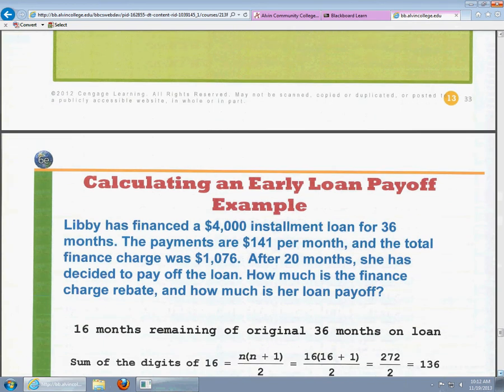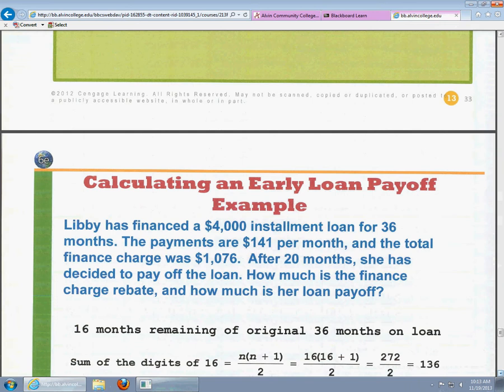We need to find the top part of the division, which is the sum of the digits of the number of remaining months. It's n times n plus 1, divided by 2, with n being the number of remaining months. So it's 16 times 17, which is 272, divided by 2, so the sum of the digits is 136.